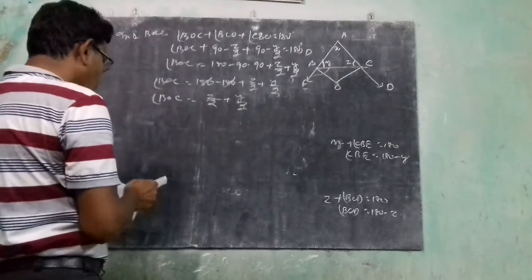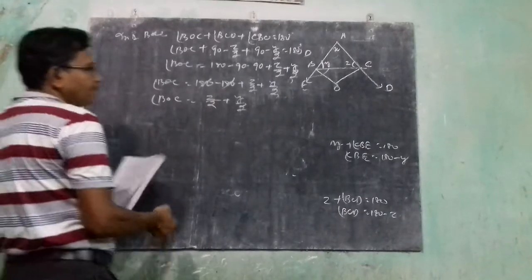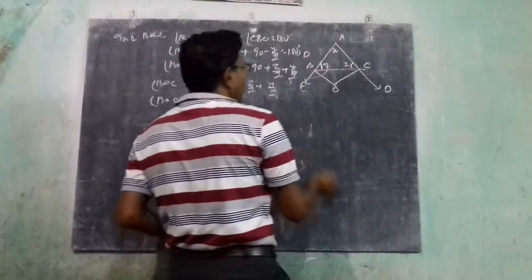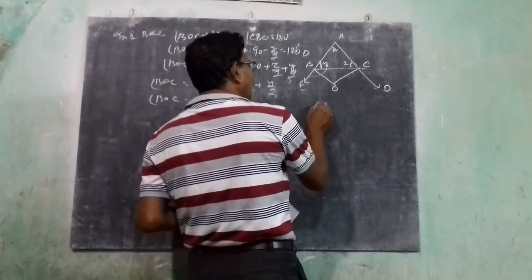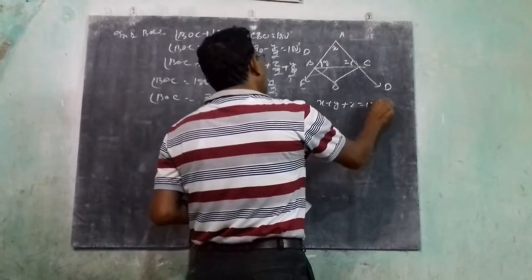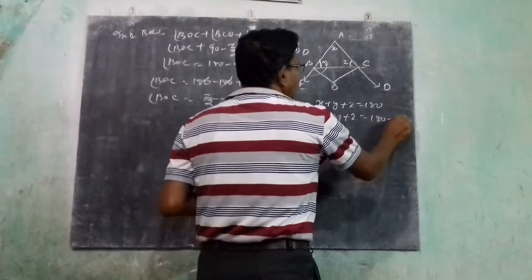Now we know x plus y plus z equals 180 degrees by the angle sum property of triangle ABC. So y plus z equals 180 minus x.